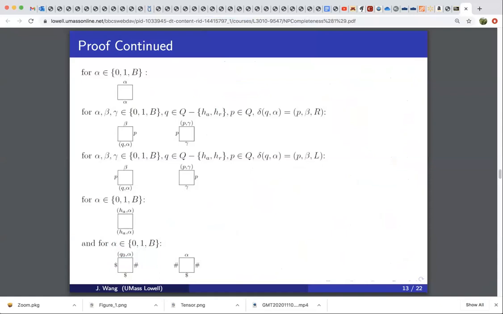All right. So why does the reduction work? Now let's look at the reduction.